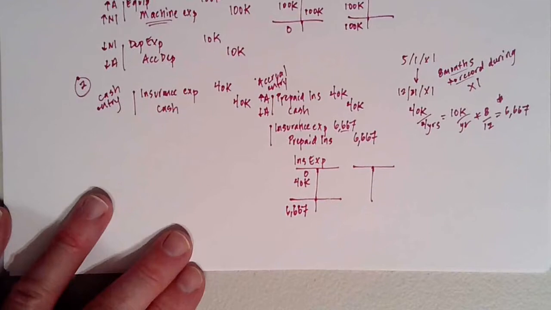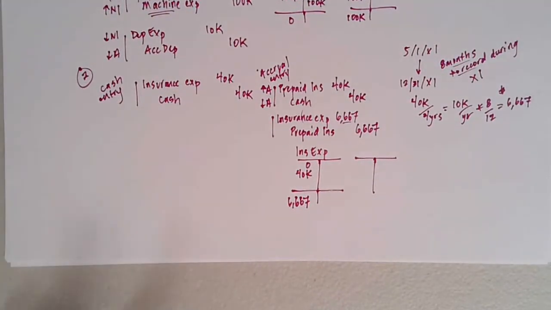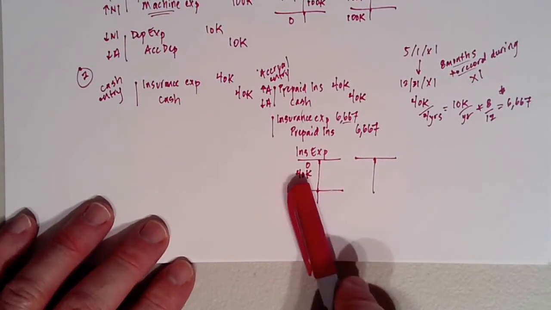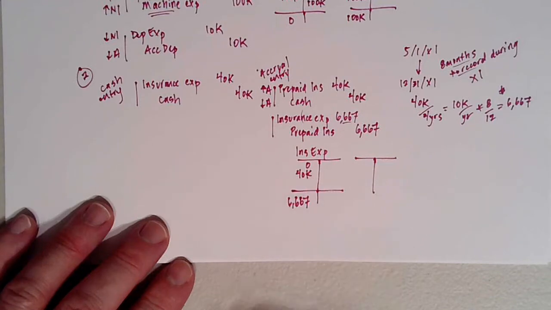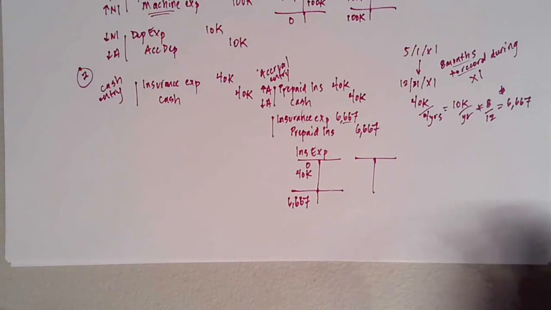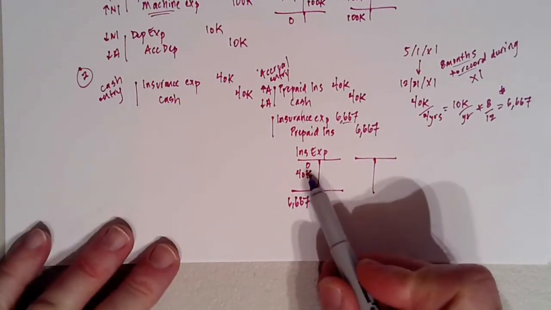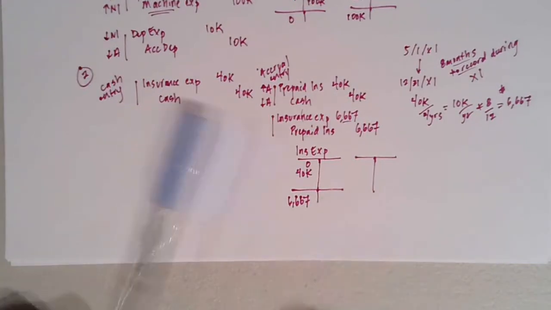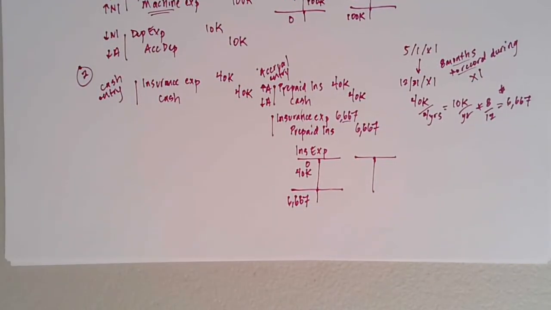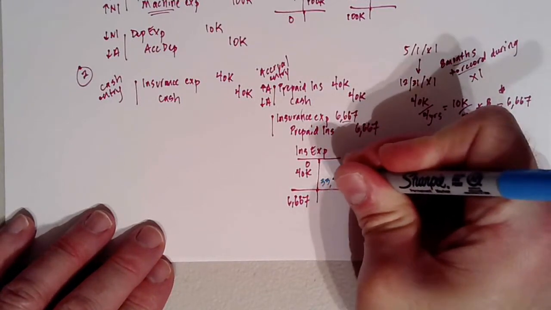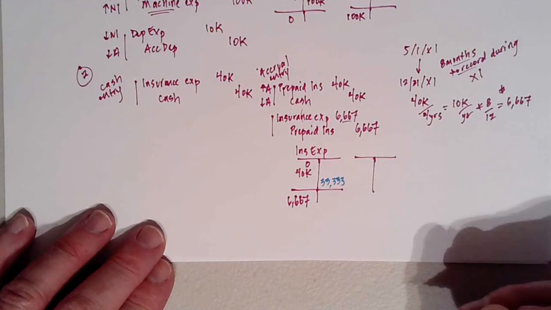So then, how do we get there? This is going to be a very necessary skill that you're going to have to develop. We figure out a balance that we want to get to. We know where the account is at prior to closing. So we want to figure out what needs to be adjusted for. Well, in order to go from $40,000 of a debit to $6,667 of a debit, we would have to credit it by $33,333.